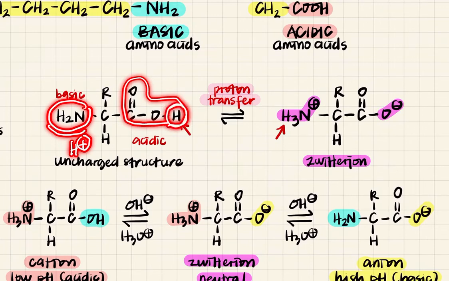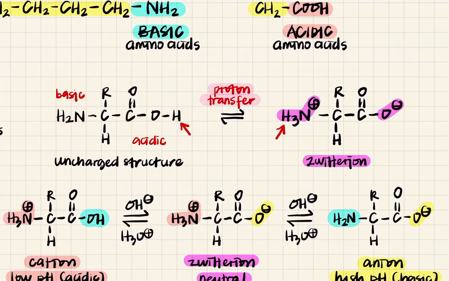So this hydrogen will transfer to this amino group. Here we have our Zwitter ion. Now our carboxyl group has O-, the negative charge here, and your amino group is now NH3+, with a positive charge. So this is the Zwitter ion for a neutral amino acid.